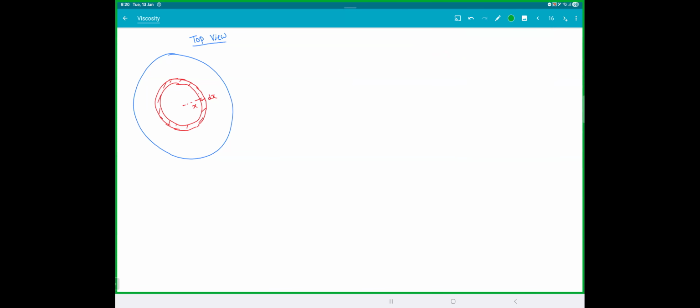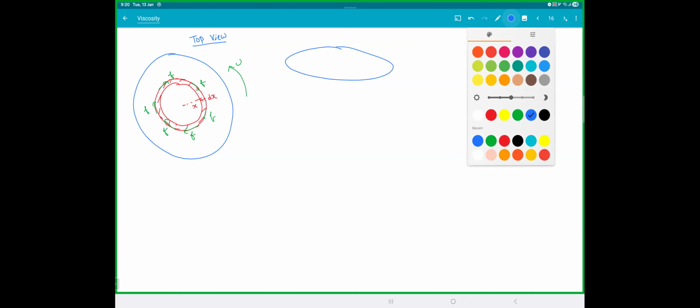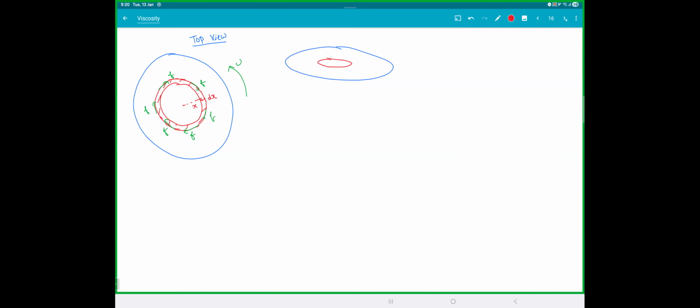So, if this disk is rotating with omega, how will the friction be? Friction will be tangentially backward. If you see, all the story is exactly the same. Now, if you look at the side view, this ring which you have taken here will have a speed of x omega.